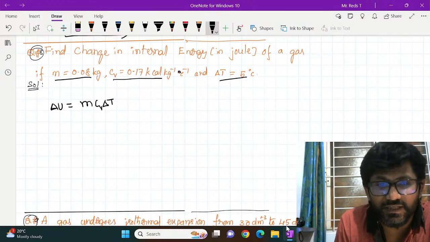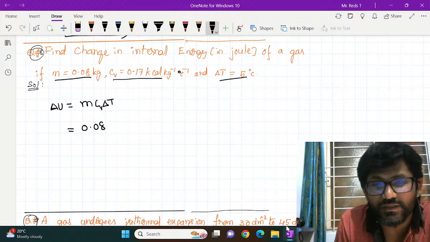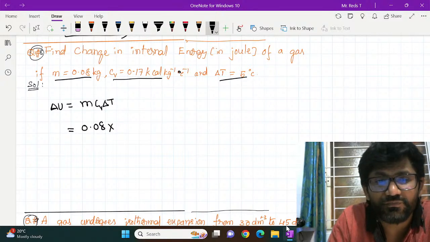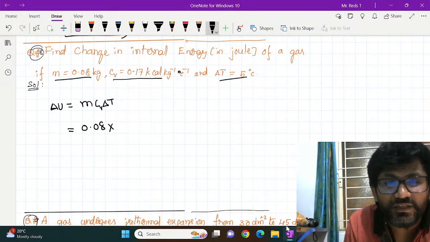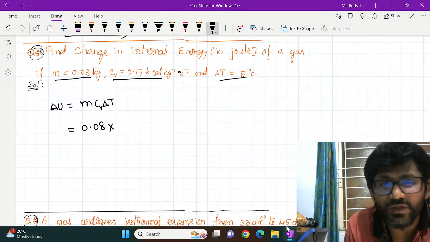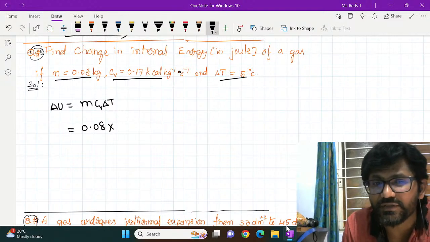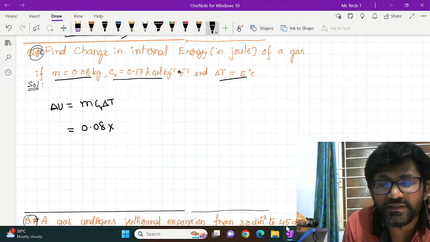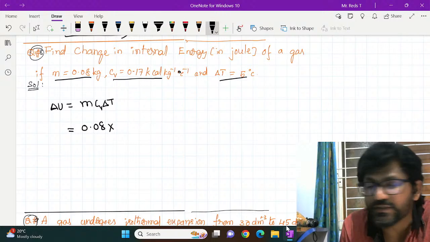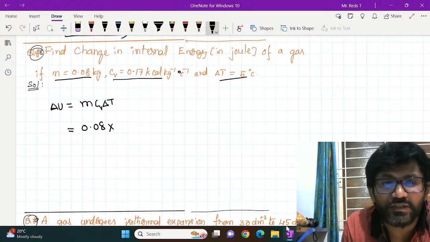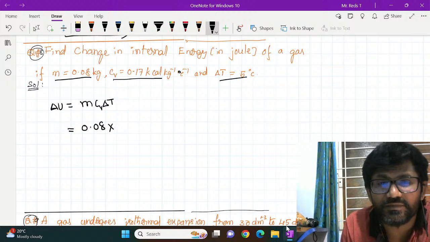Here mass of the gas m is given as 0.08 kg, into Cv. All quantities are in SI units only, guys, but here this kilocalories, we are mentioning this specific heat in terms of calories.